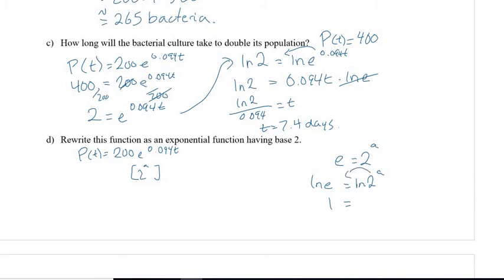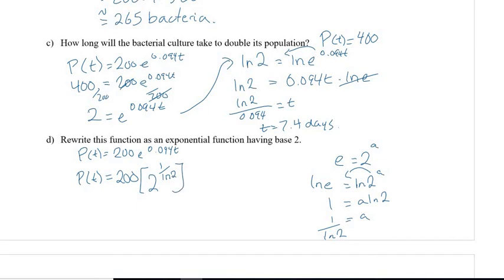The a can move out front, and we're left with a times natural log of 2, or a equals 1 over natural log of 2. So as it turns out, we can rewrite this as 200, and we said e is going to be equivalent to 2 to the power of 1 over natural log of 2, which we just found in that section on the right.